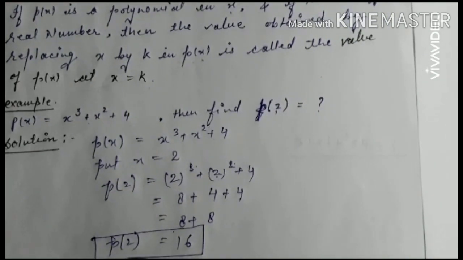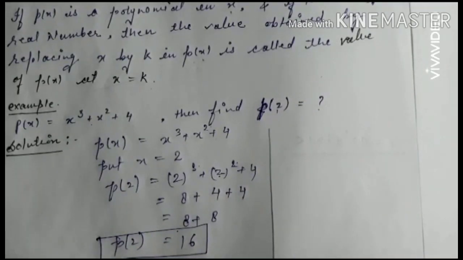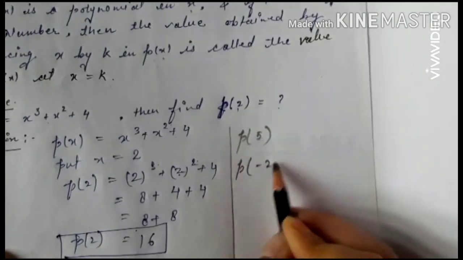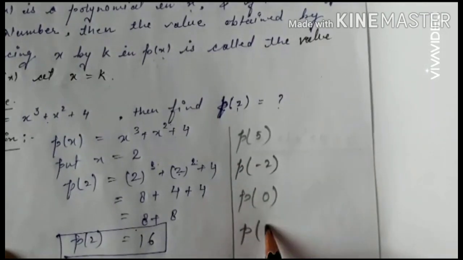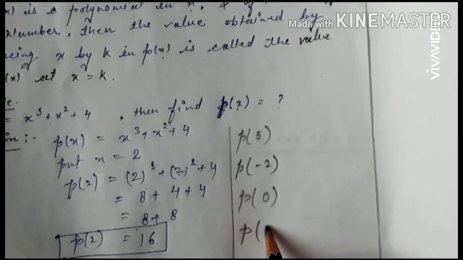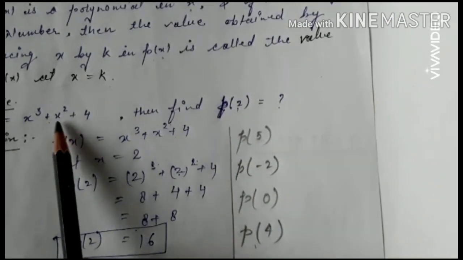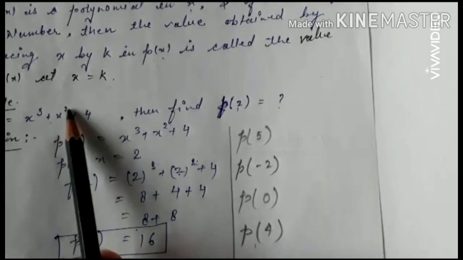So the value of the polynomial at 2 is p(2) equal to 16. Now you will do this one. You have to find the values of the polynomial at p(5), p(minus 2), p(0), and p(4), for the same polynomial x cube plus x square plus 4.